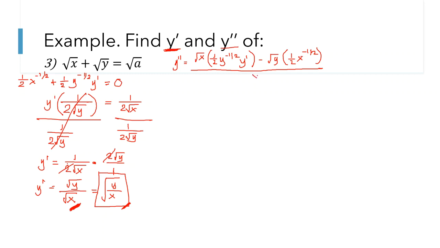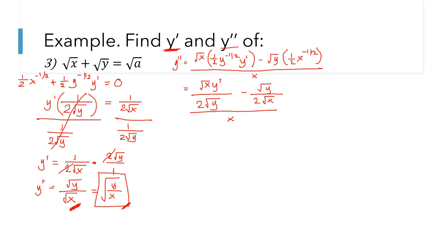So in this case, that would be x. So next one is to simplify. So we have square root of x y prime over 2 square root of y minus square root of y over 2 square root of x all over our x.